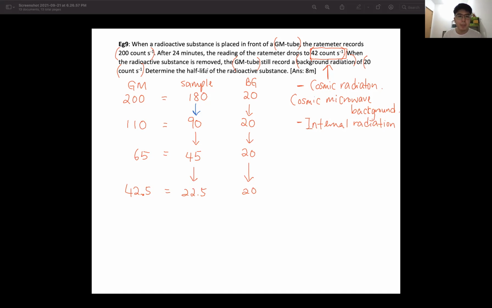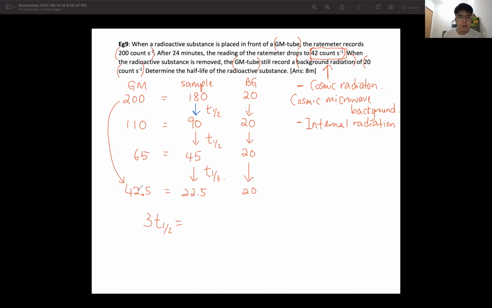Now, how many half-lives? 1 half-life, 2 half-lives, and 3 half-lives. So from 200 down to 42.5, that is 3 half-lives. So the sample has gone through 3 half-lives of decay. We write it as 3 T half equals how many minutes?